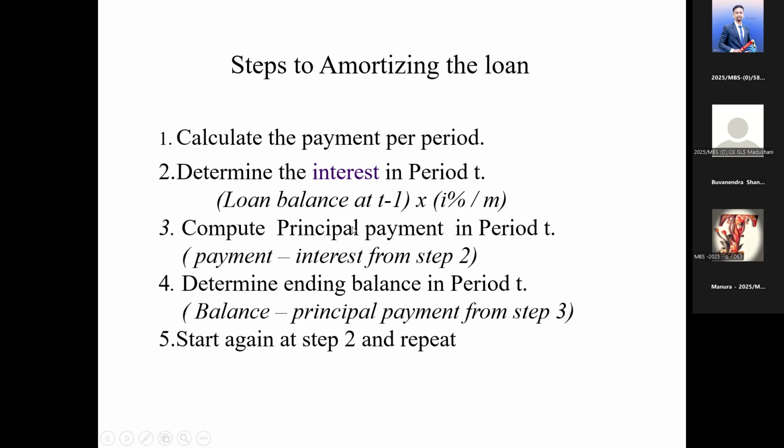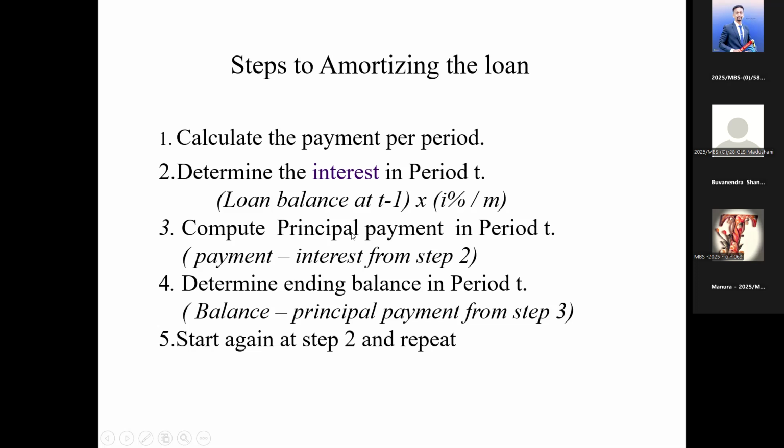I will explain with numbers so it is clear: the balance at T minus 1 multiplied by the rate of interest, whether it is a monthly or annual payment. That rate you multiply, and you can calculate the amount of interest.